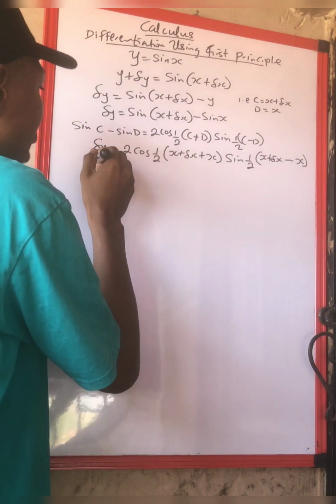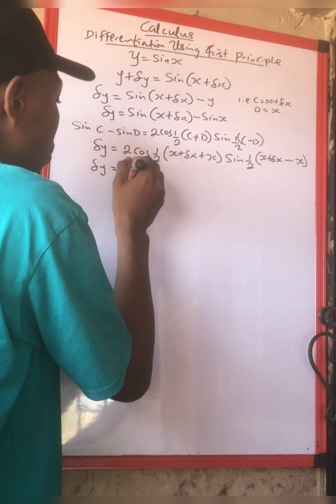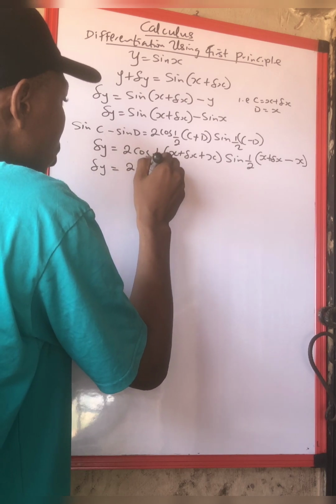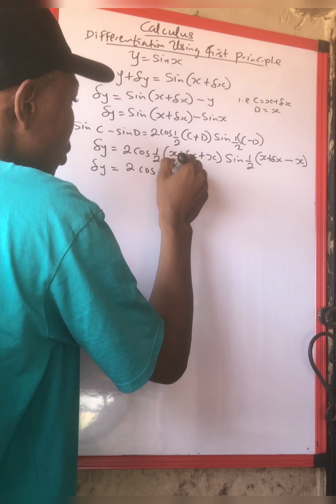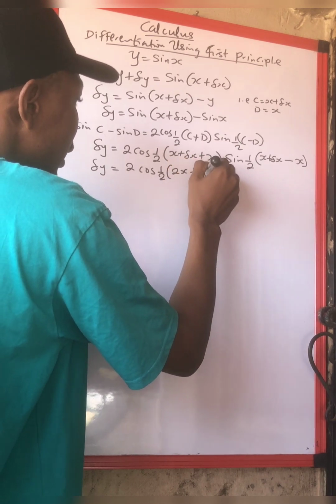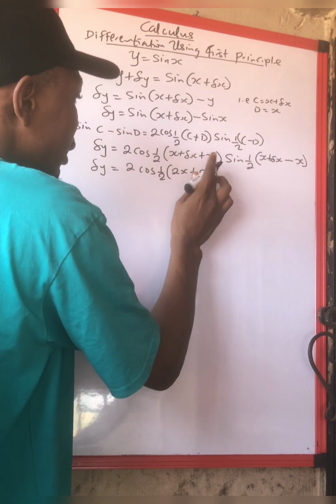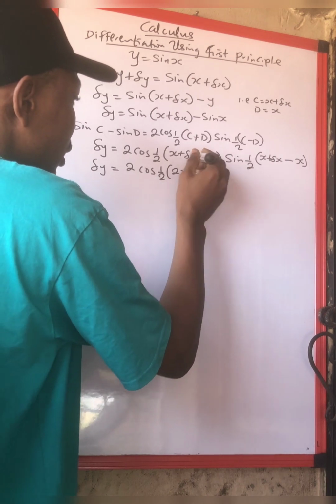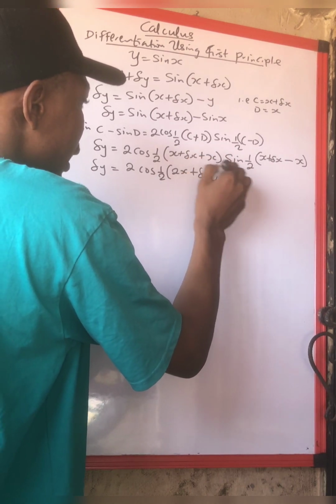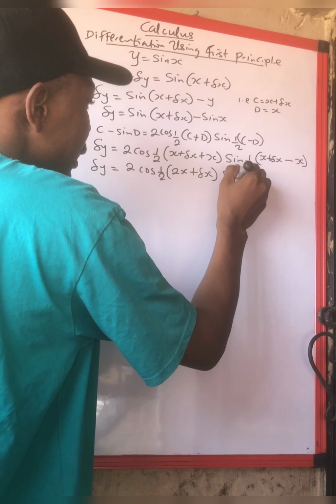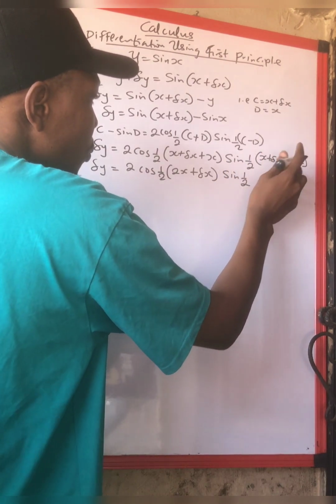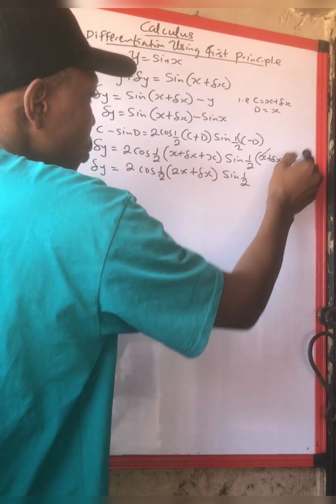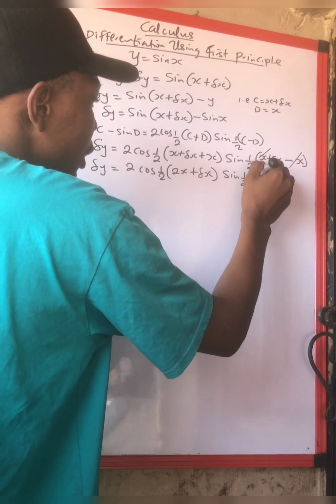So this time around, we have change in y equals 2 cos half bracket 2x plus change in x. x plus x is 2x. Then we are left with change in x. Then we have sine, then this is sitting as half. So x minus x we cancelled out, and we'll be left with change in x.